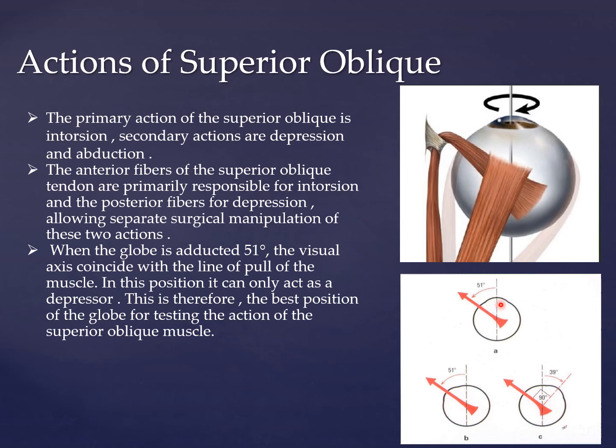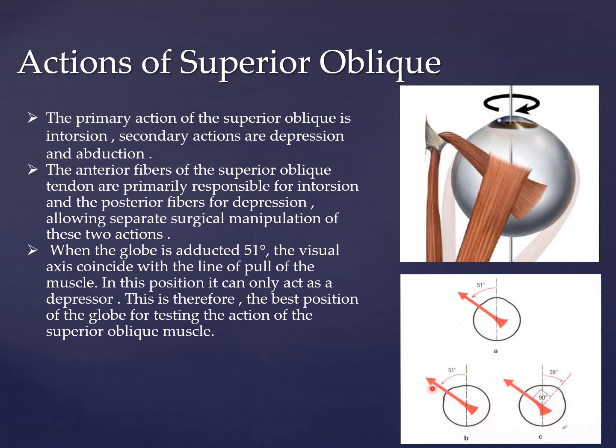Now this is the position of the eyeball when it is in primary position, and this is the position of the muscle, superior oblique, with the eyeball in primary position. When the globe is adducted to 51 degrees, the line of the muscle is aligned with the optical axis of the eyeball.